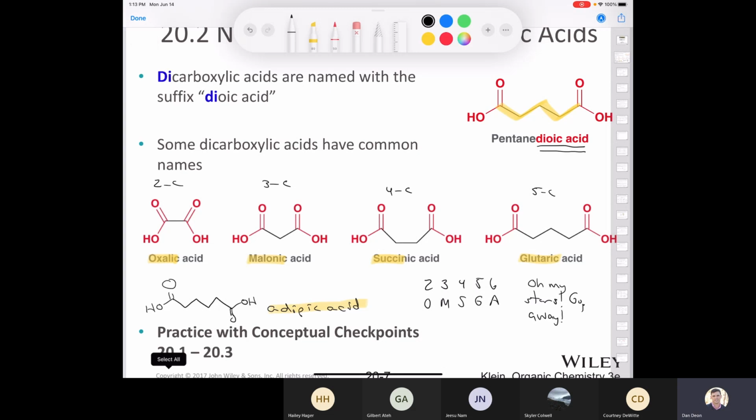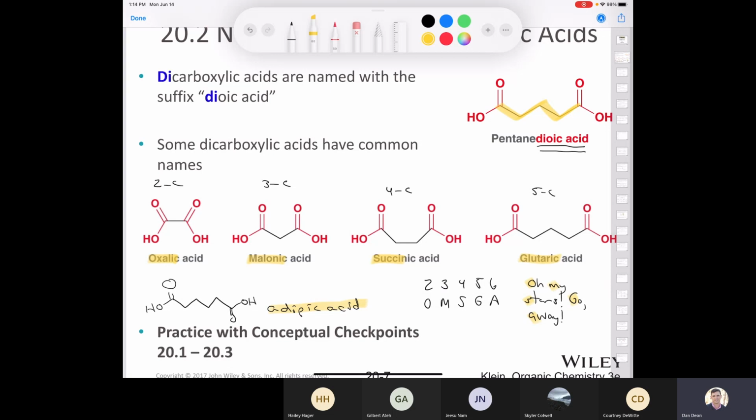Again, that's something that my students came up with. I didn't come up with that. I'm not telling you to go away or anything like that. But that's what they came up with for OMSGA: oxalic, malonic, succinic, glutaric and adipic acid. So I thought you might find that amusing.